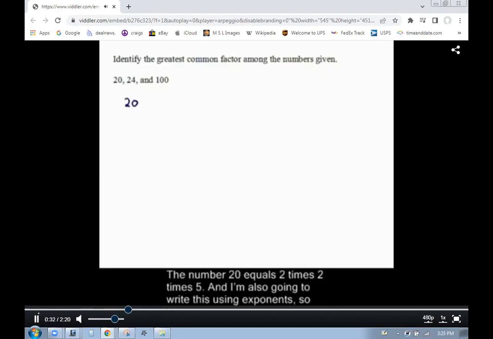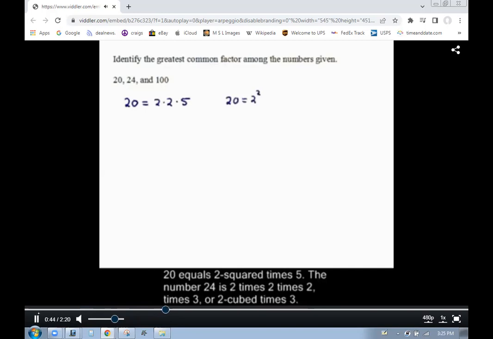The number 20 equals 2 times 2 times 5. And I'm also going to write this using exponents. So 20 equals 2 squared times 5. The number 24 is 2 times 2 times 2 times 3. Or 2 cubed times 3.